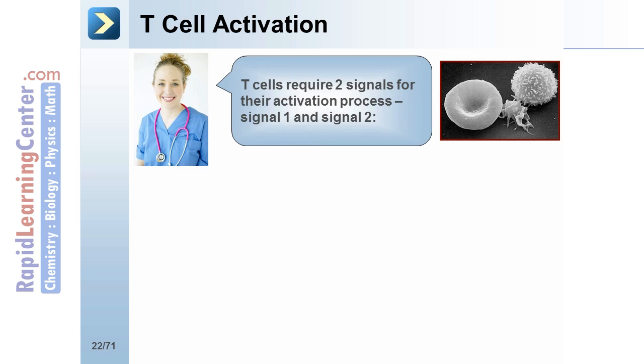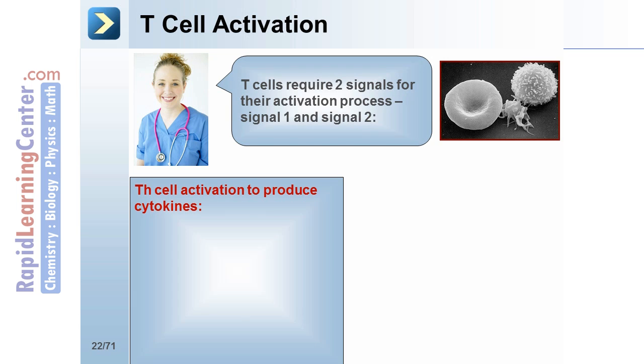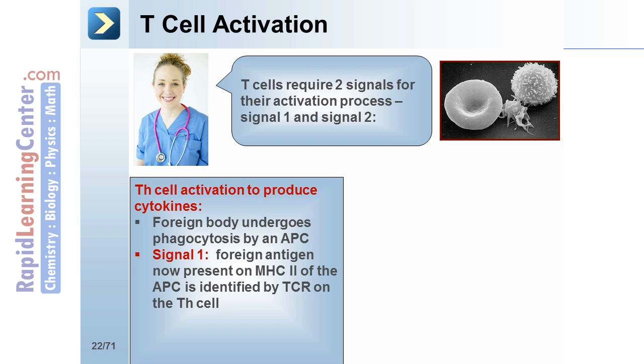T cells require two signals for their activation process, signal 1 and signal 2. For Th cell activation, a foreign body undergoes phagocytosis by an antigen-presenting cell.